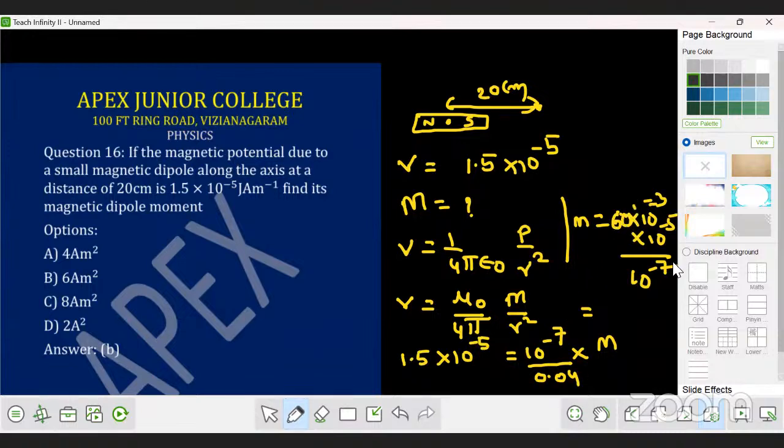Then you will get 10 power minus 8 by 10 power minus 7, that is 10 power minus 1 only. So the final answer will be 6. What is the unit for magnetic moment? Ampere meter square. So the final answer is 6 ampere meter square.